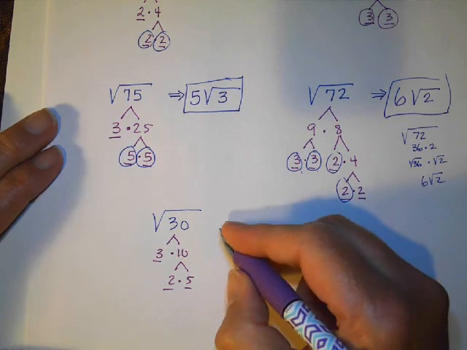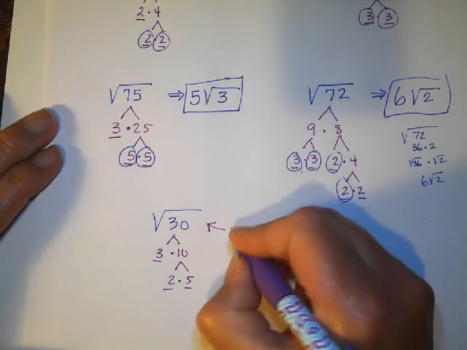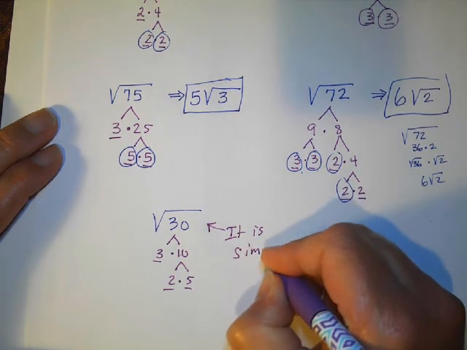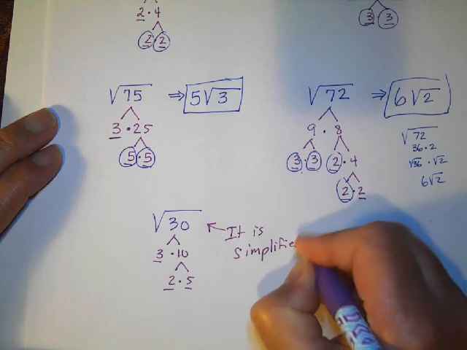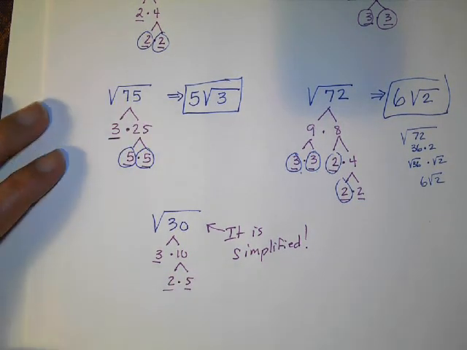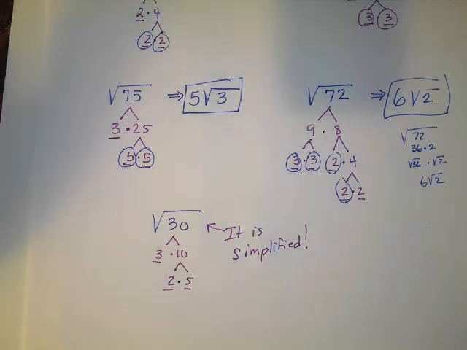I don't have another 3, I don't have another 2, I don't have another 5. So this one, it is already simplified. I can't simplify it anymore. There's not a pair of numbers or a perfect square number to pull out.